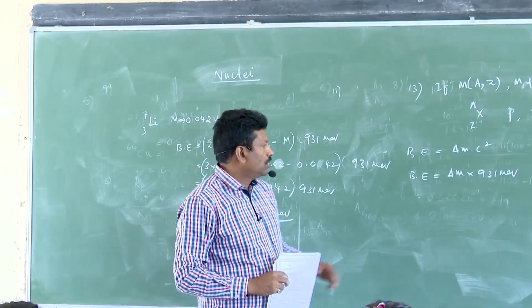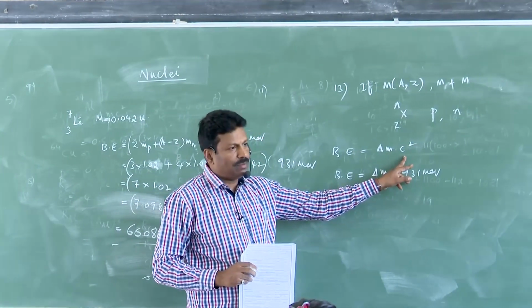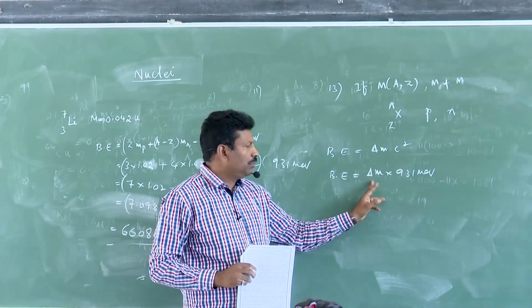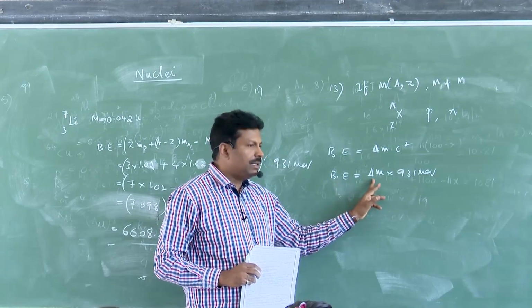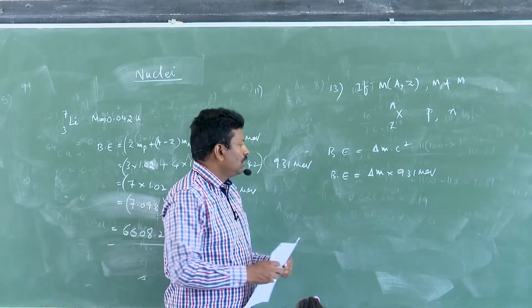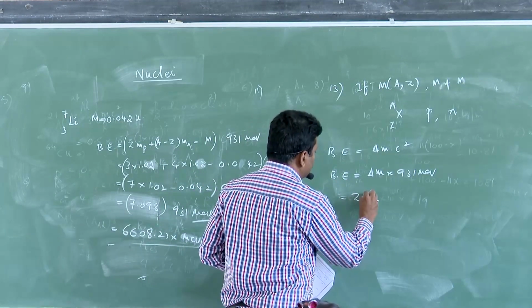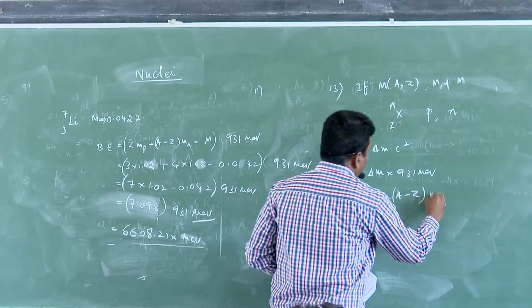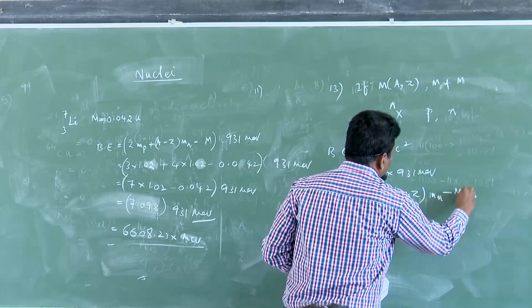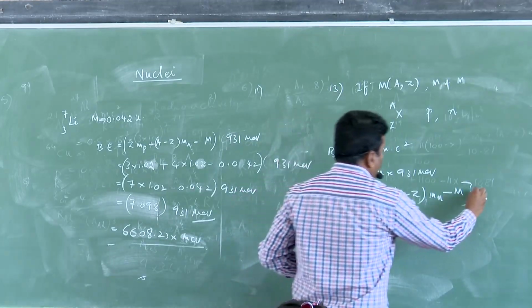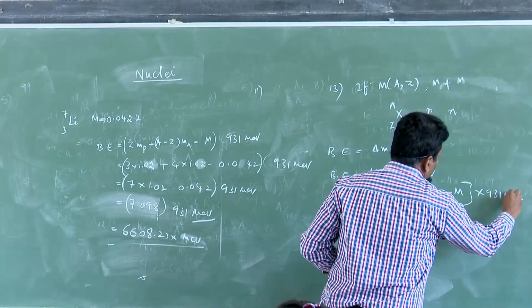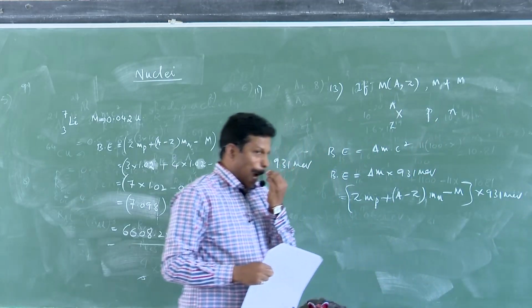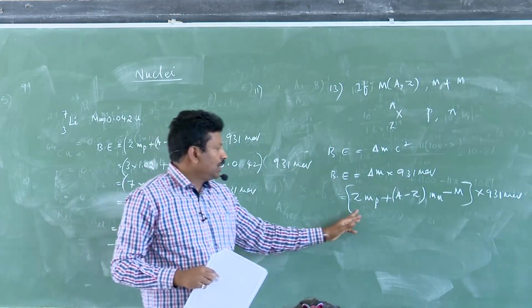So this is in MeV, this is in c squared, joules. So binding energy in MeV, this remains same now. This is Z M_p plus (A minus Z) M_n minus M. This remains same into 931. Correct now? So these are in masses.